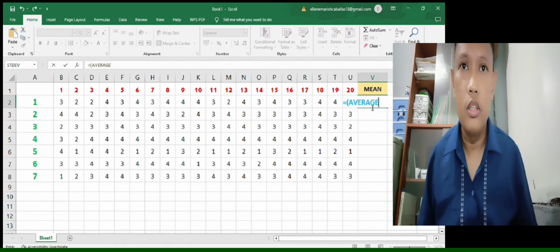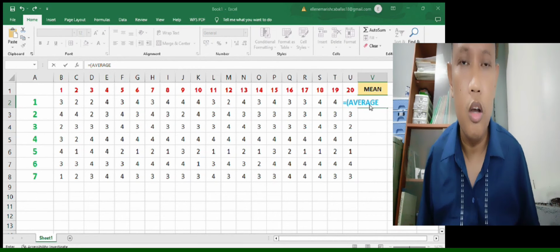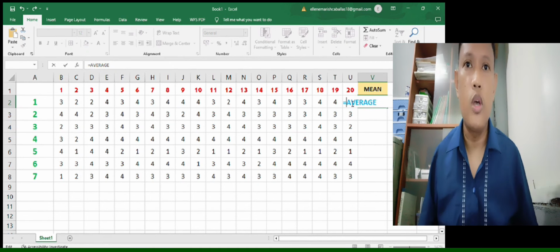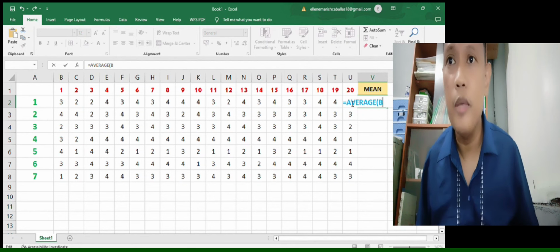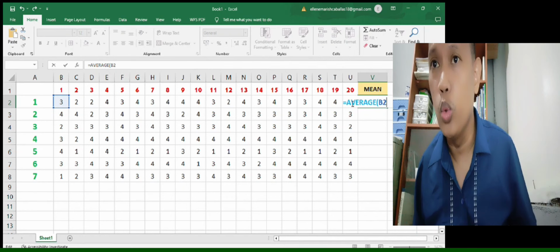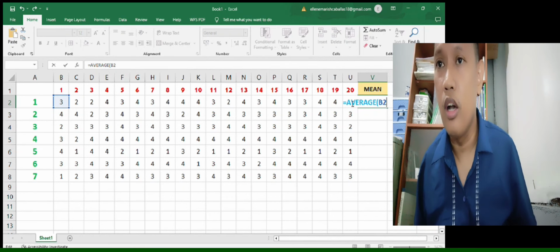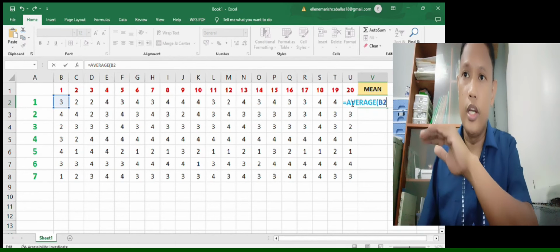Oh, we have to remove, okay, I will remove the open and close parenthesis. One moment. Okay, so equal sign and then average, and then the open parenthesis, and then B2. Why B2? Because look, that cell with the number 3, that is B2. You know, B for the vertical and 2 for the horizontal.